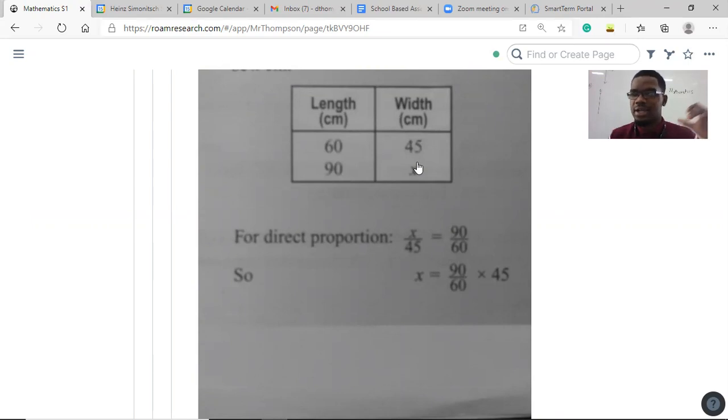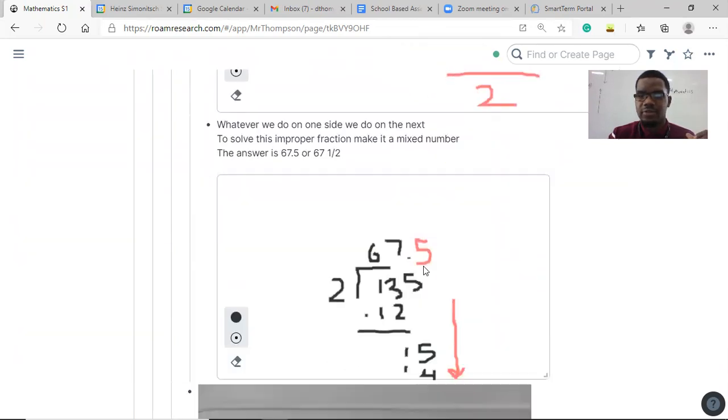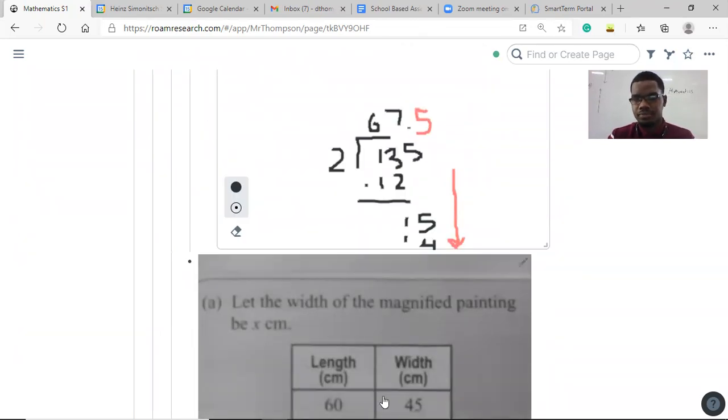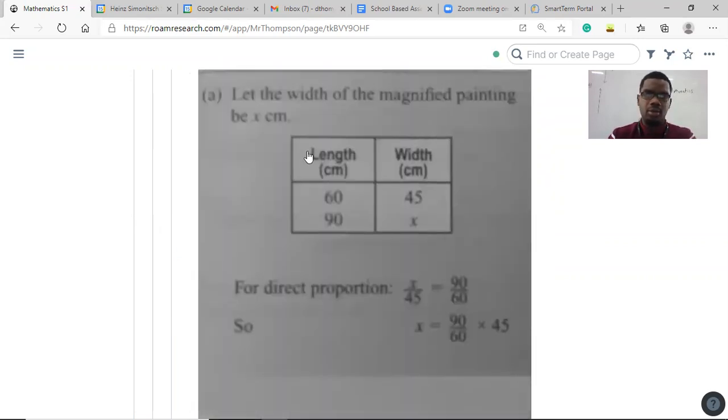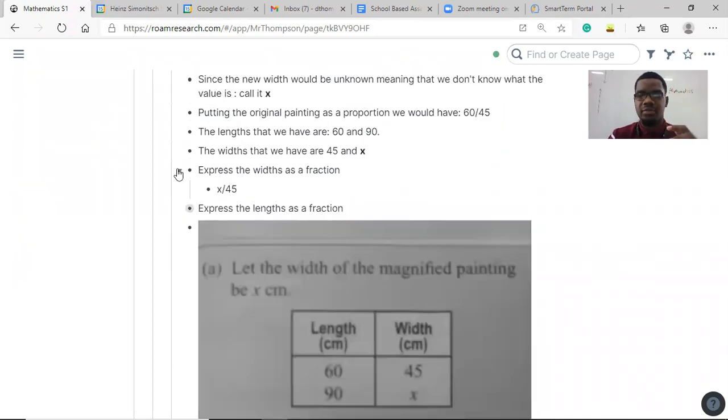Because if the length is larger, the width has to be larger as well. And we found out that the new width is going to be 67.5. So that's it for the question there.